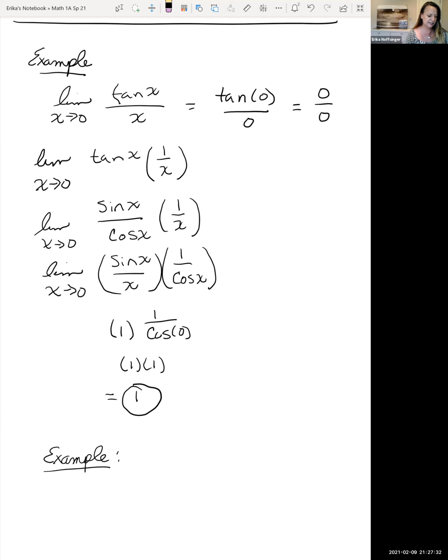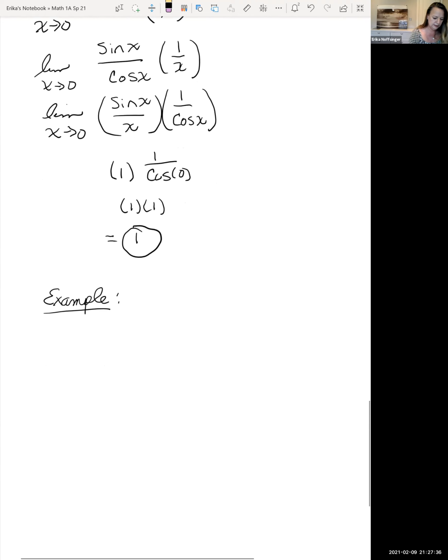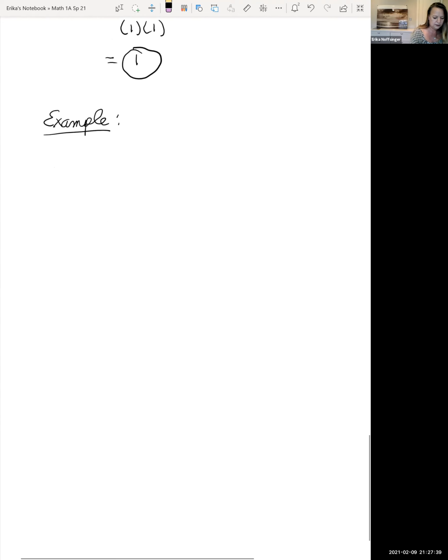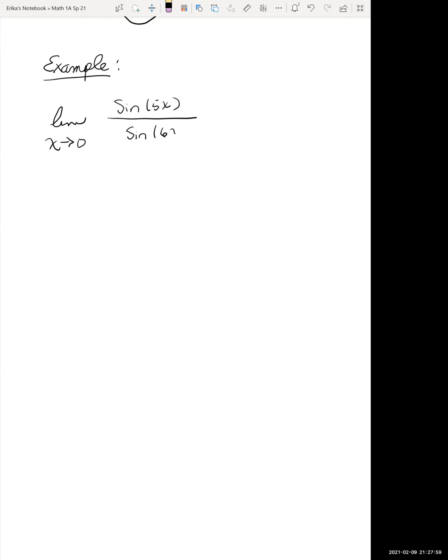Let's look at a different example. How about the limit as x is approaching 0 of sine of 5x all over sine of 6x.